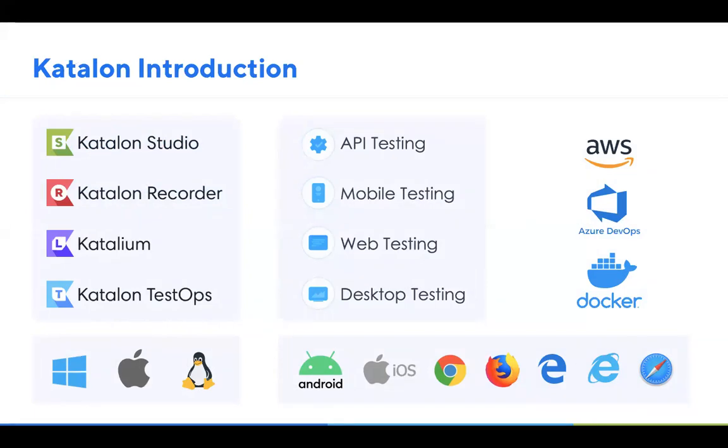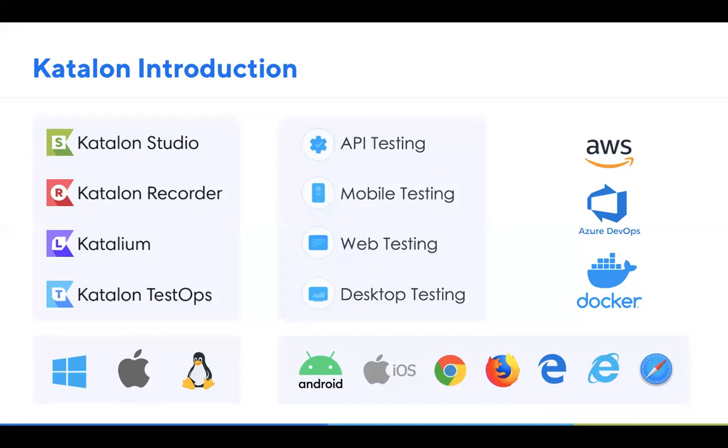We cover API testing, mobile testing, web testing, and also desktop testing. So more of the end applications that you are using right now. With Katalon Studio, you can use it not only on Windows or Mac, but also to develop your script in Linux. With the various deployment environments that we have, this allows you to use your favorite environment. You don't need to switch to another in order to use Katalon Studio.